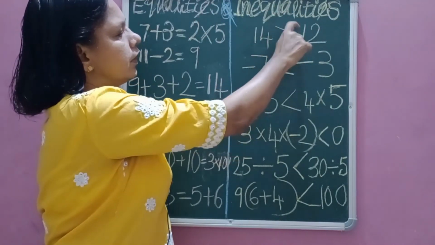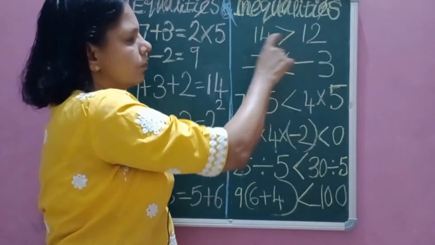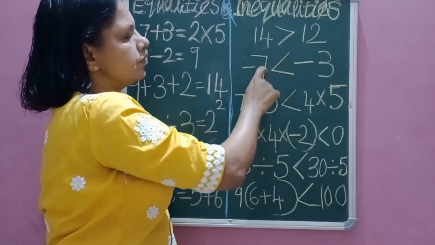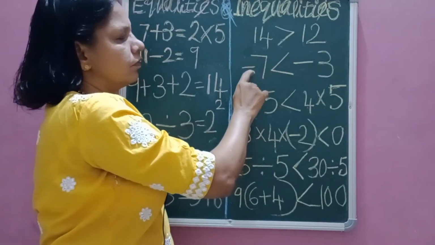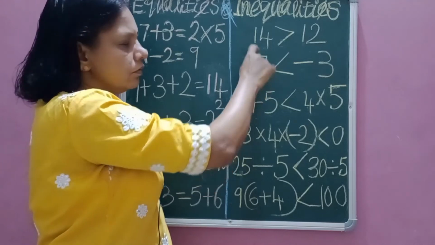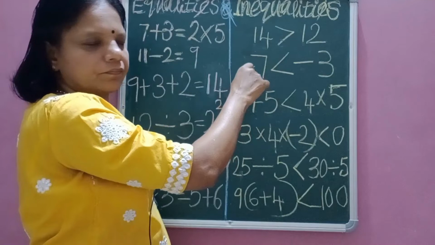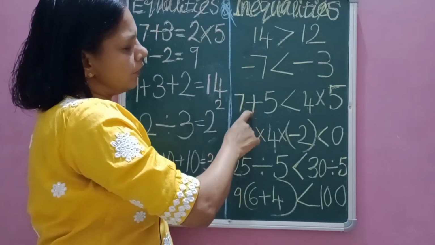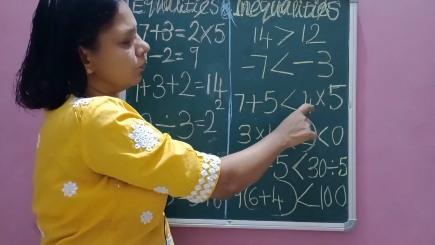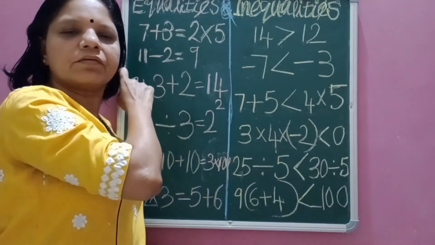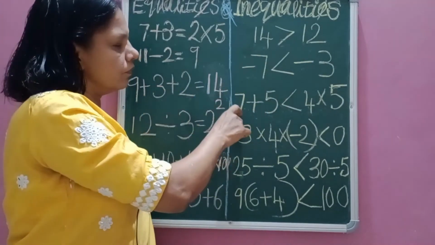So 14 greater than 12, minus 7 less than minus 3. Minus 7 is the first expression. That value will be less than minus 3. And here 7 plus 5 less than 4 into 5. What is 7 plus 5? 12.